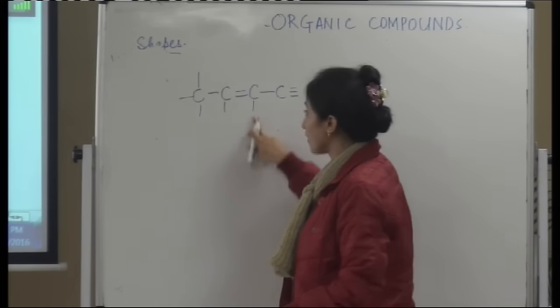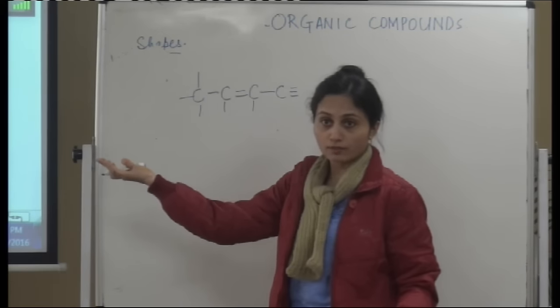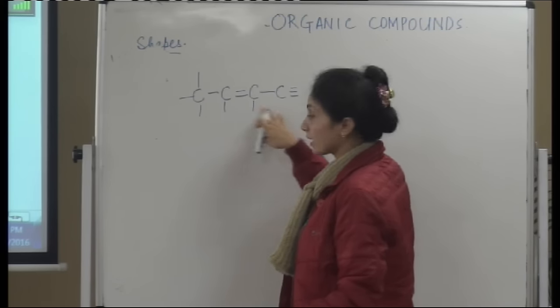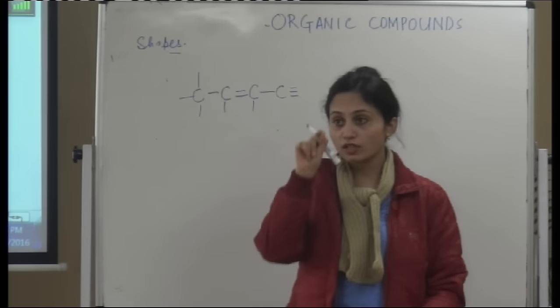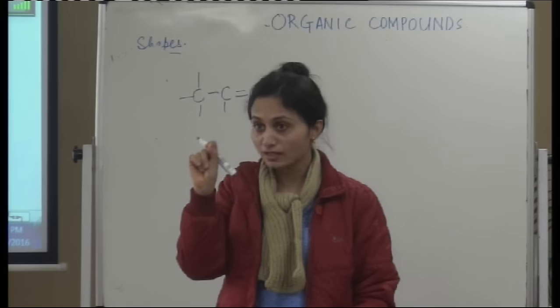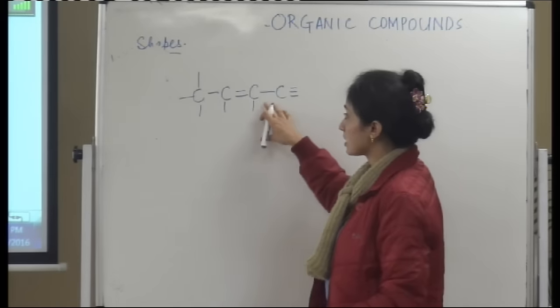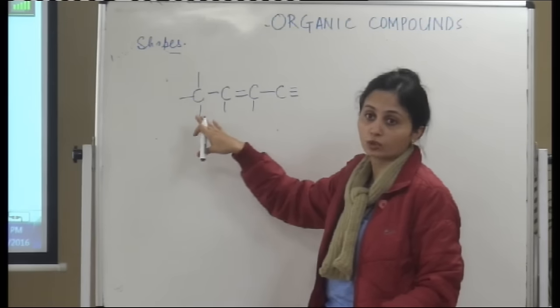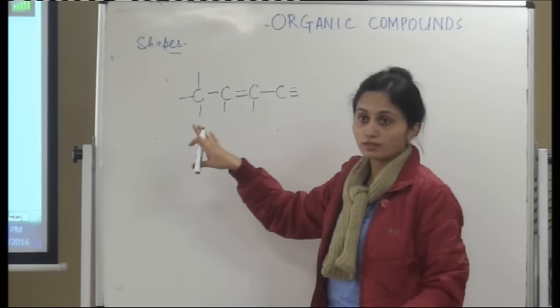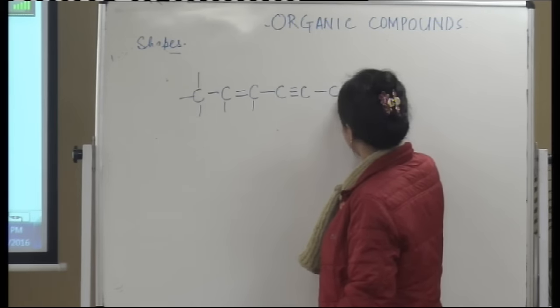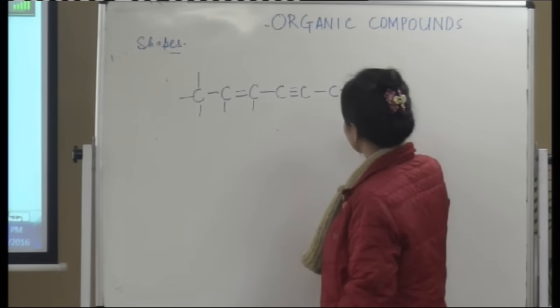So you do not have to go on to do anything big for this. You can directly state that by looking at the carbon, because sometimes you're asked for the hybridization of a particular carbon number. You will be given an organic compound and you will be asked the hybridization of any particular carbon number.